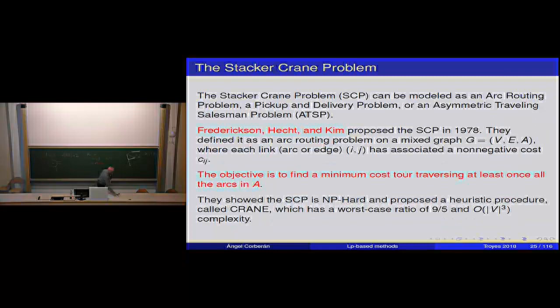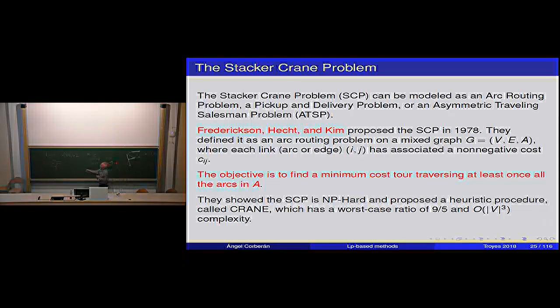Let me imagine that you have some containers. You have a container here that has to be taken to this position. Then I have to take another container here and translate it to this place, and so on. And the crane can move everywhere in the graph.